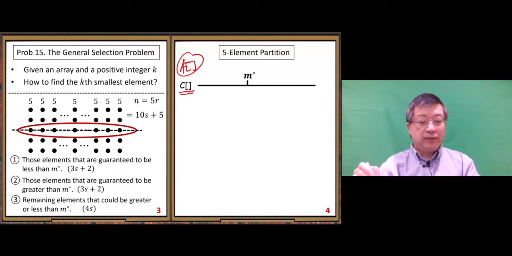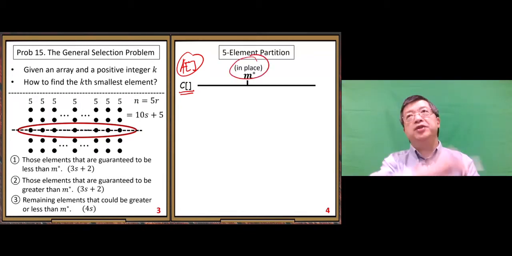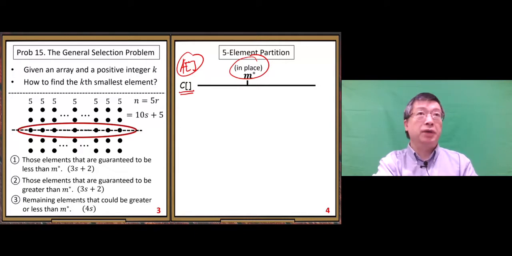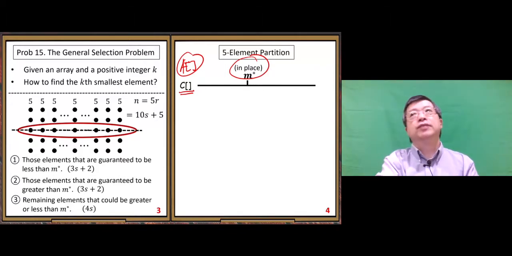Then the M star partition element must be in place. Otherwise, how can you use it as a partition element? You cannot. In place means its rank is known.